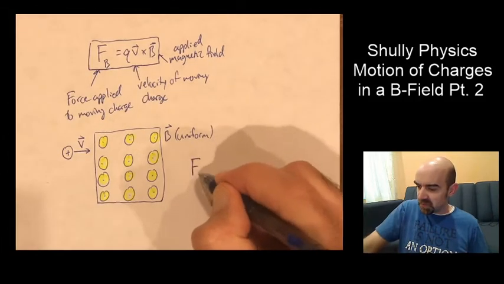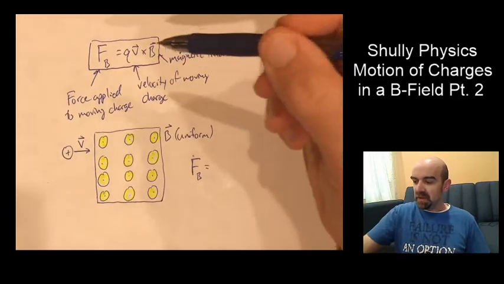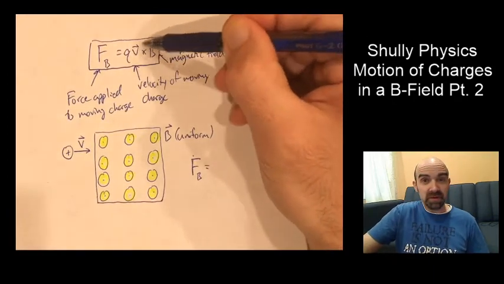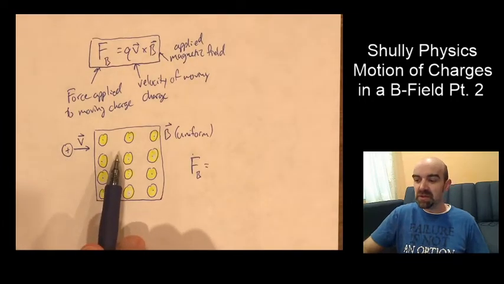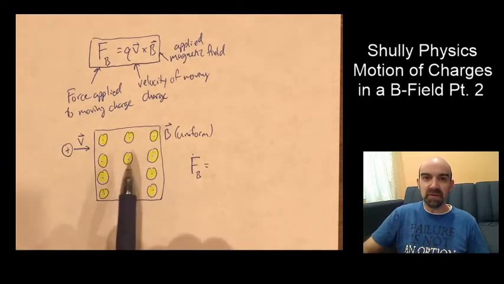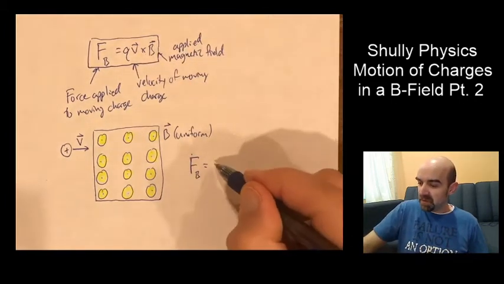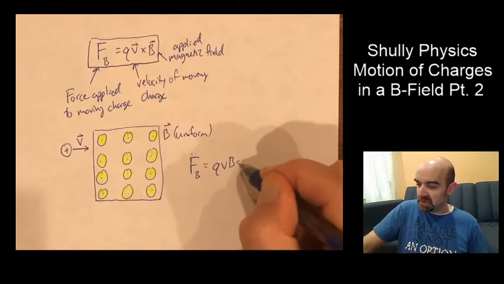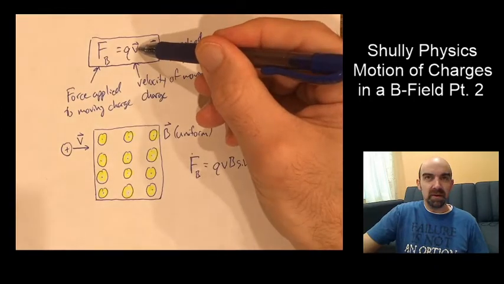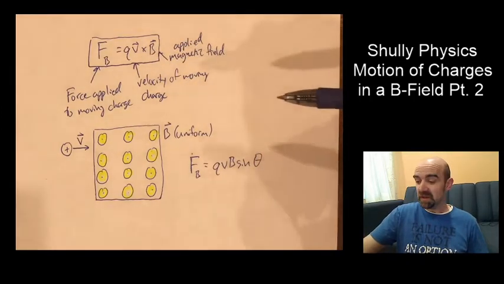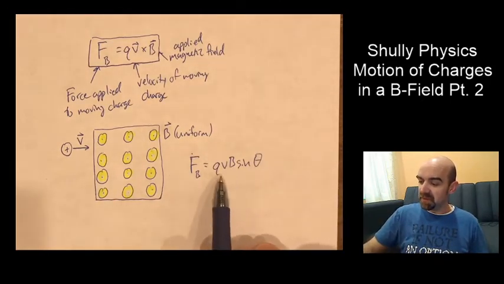So the force applied will be a magnetic force, which is equal to, now this is a cross product we're looking at. If the velocity is parallel to this page, and as we see here, the magnetic field is coming out perpendicular to the page, then if we apply QVB sine theta, keeping in mind that vector A cross vector B equals AB sine theta in its magnitude, then we would have VB sine theta here.